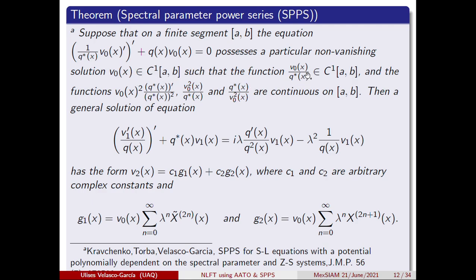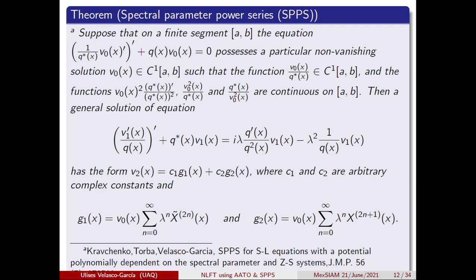such that the function v0 divided by q star belongs to the C1 space, and the functions that we have here are continuous on this finite segment.